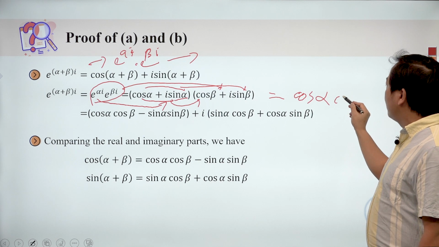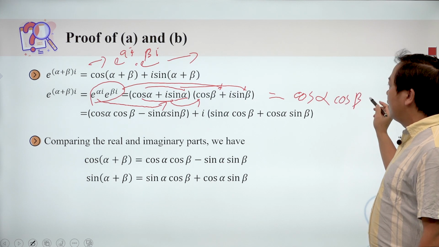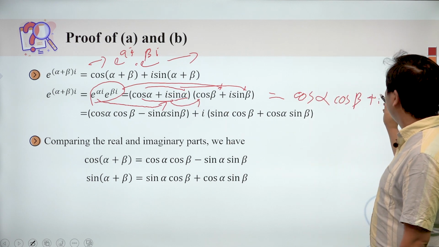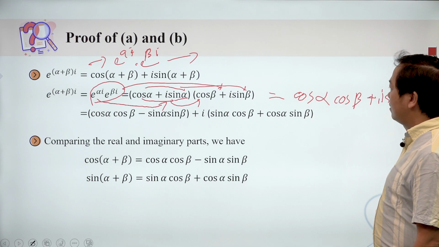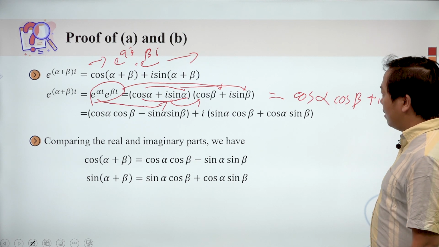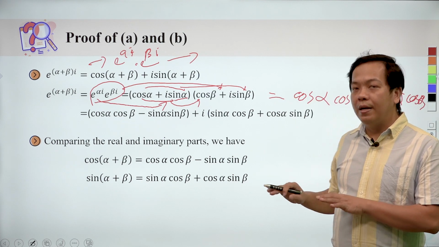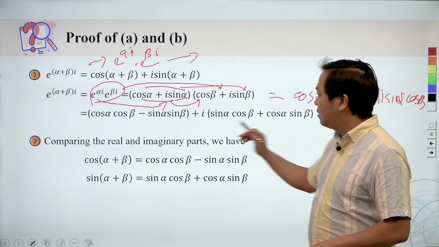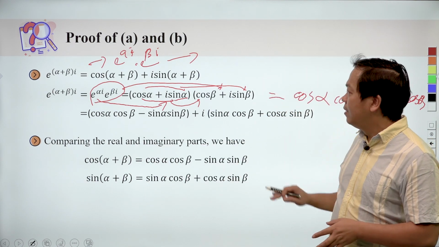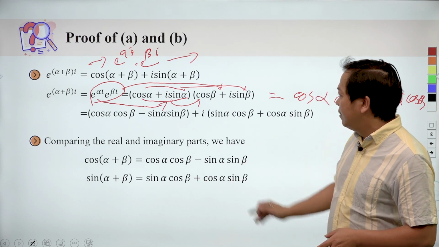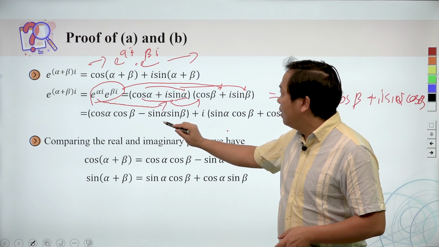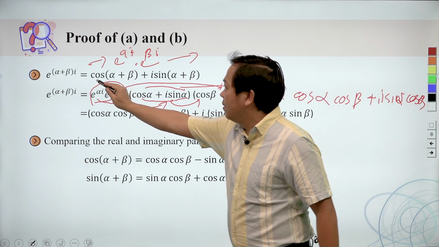For example, cos alpha cos beta, i sin alpha cos beta. After you multiply and combine together, you get this value. Similarly, when you have this other value, you can combine it.